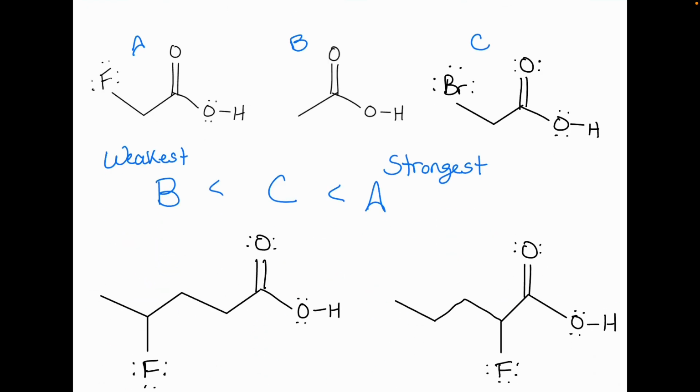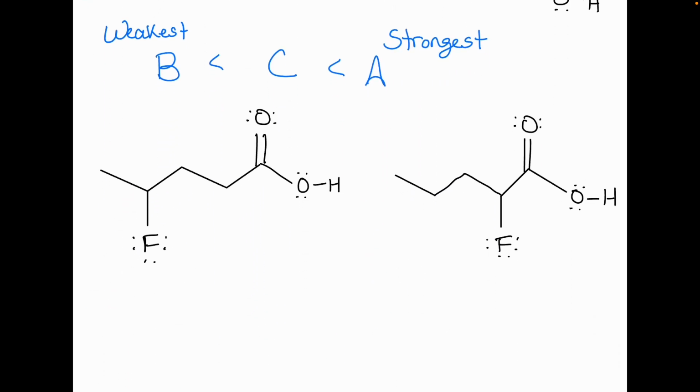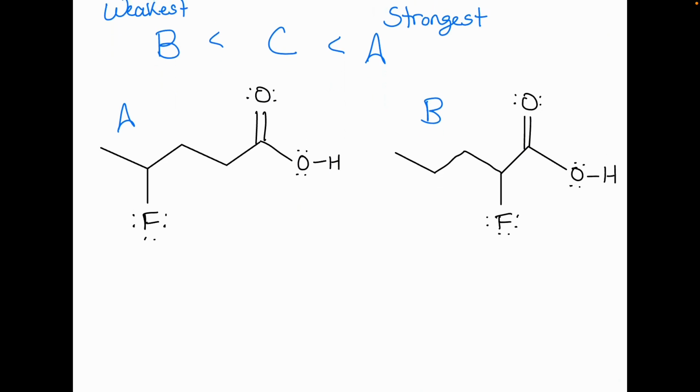Okay. All right, and then what about for this next set of examples here? Again, we'll label these A and B. Which one do we think is going to be the weaker of the two? A is weaker than B. B is the stronger acid. And why would that be? Just the location of that inductive group, that electronegative element, relative to where that negative charge is, right?